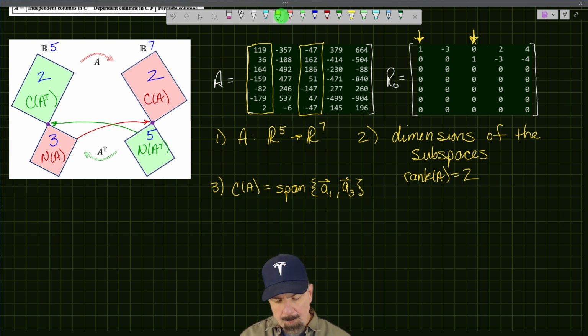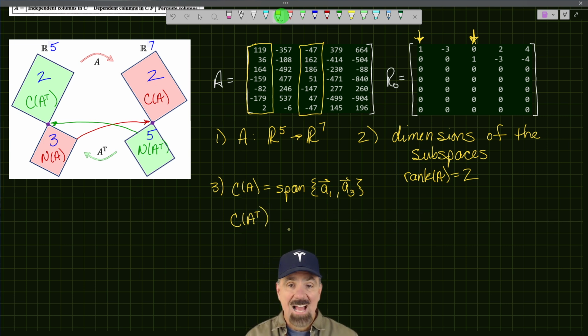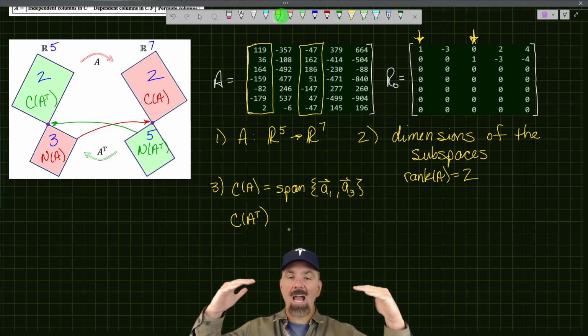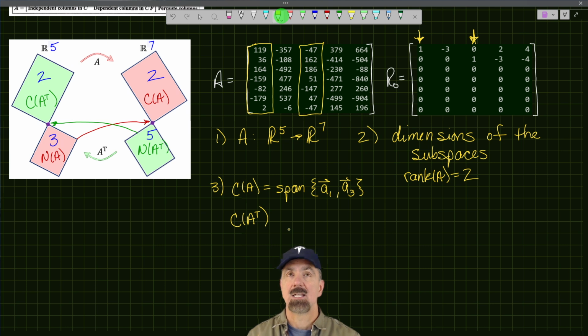What about for the row space, the column space of A transpose? So the column space of A transpose comes directly from the RREF. Because the Gauss-Jordan elimination that we have done is really just row operations, which are linear combinations of the rows. We haven't changed the space that is spanned by the rows. All we've really done is eliminated the redundancy.